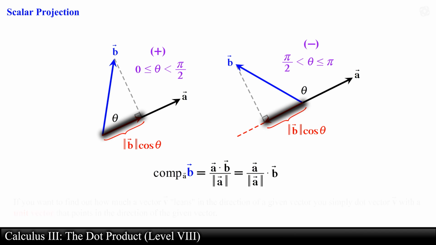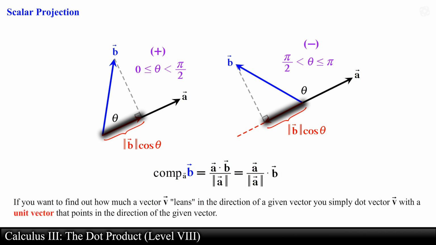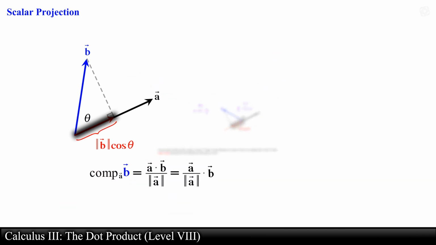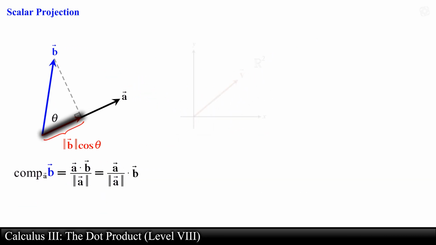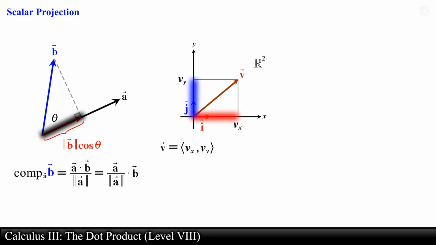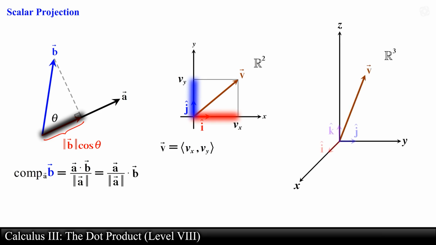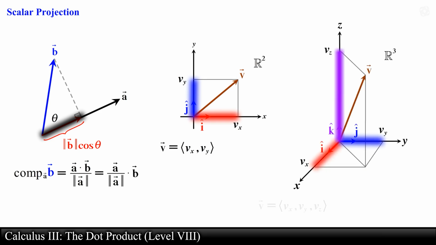In other words, if you want to find out how much a vector V leans in the direction of a given vector, you simply dot vector V with a unit vector that points in the direction of the given vector. The scalar projection is nothing new. We have already computed this quantity various times when we broke apart a vector in R squared into its x and y components, and a vector in R cubed into its x, y, and z components.